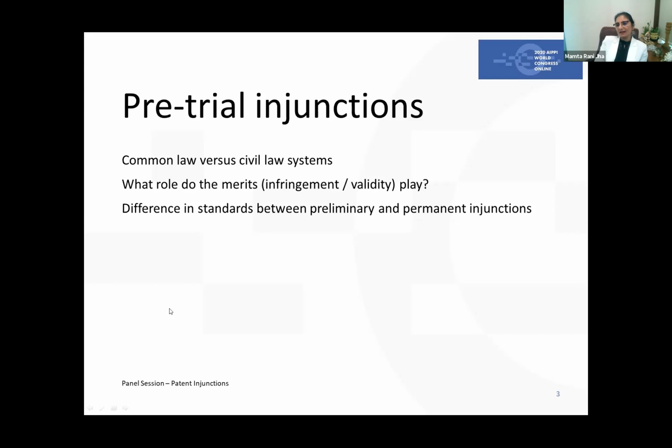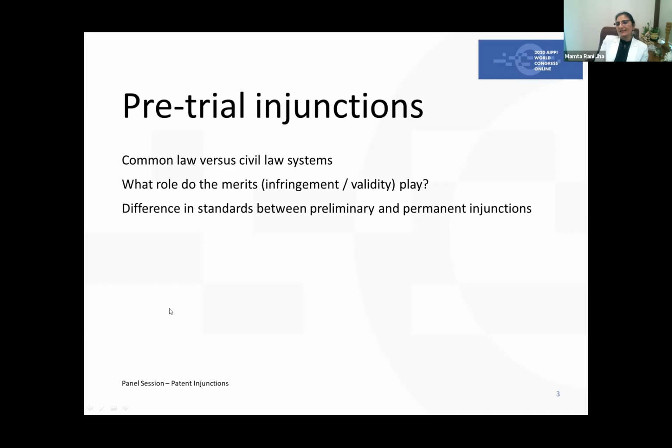But at the same time, the defendant who is alleged to be infringing the patent has a defense in law that the patent is credibly invalid, and it has a potential challenge to it, what Zoe had just said.